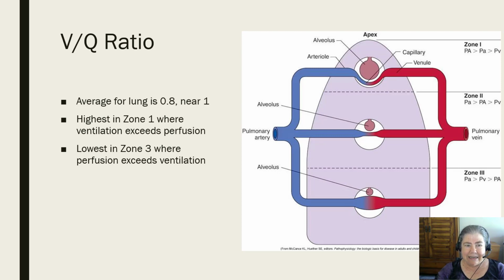It's highest in zone 1 because in zone 1, ventilation exceeds perfusion, and it's lowest in zone 3 because in zone 3, perfusion exceeds ventilation.